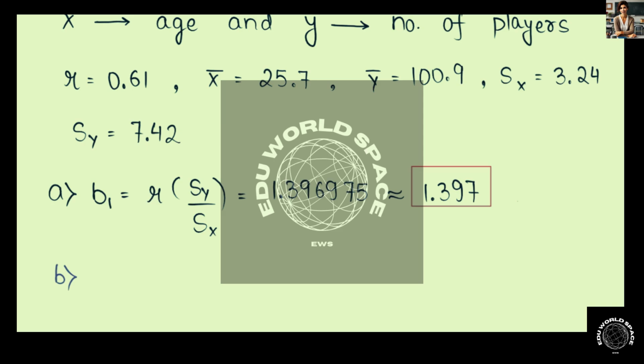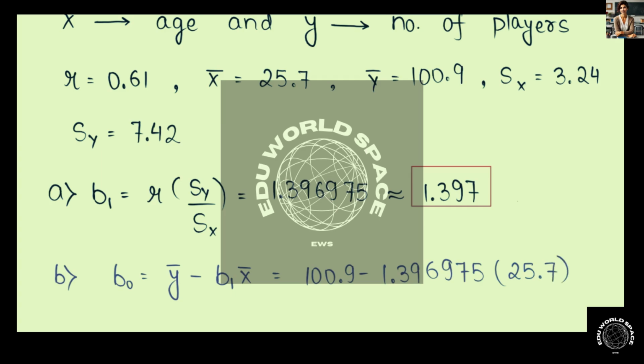So in the second part, we can write that the value of the fitted intercept will be B0, and this is equal to Y bar minus B1 multiplied with X bar. So if we plug in the values, it is 100.9 minus 1.396975 multiplied with 25.7.